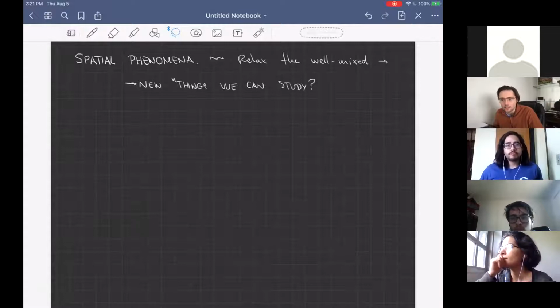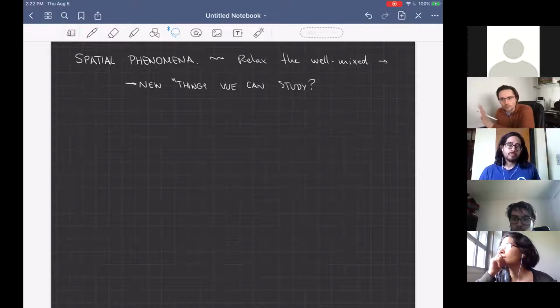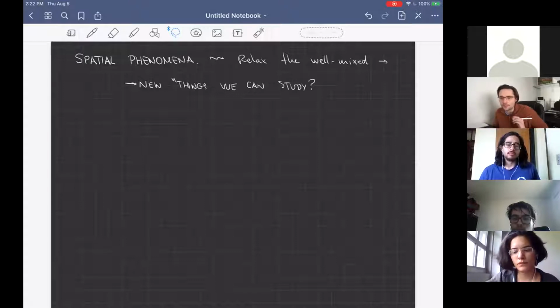Because in the end, if you think as a physicist, you can think that there may be some universality or some kind of general theory to understand self-organization, but that's research. That's not something that we know. The only thing that I'm saying is that these are spatial phenomena that we can see, and what we are trying to do is to study the mathematical tools to study this.